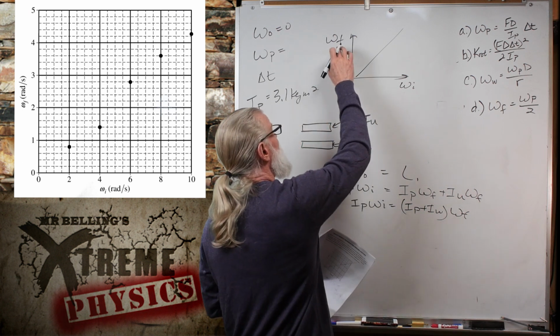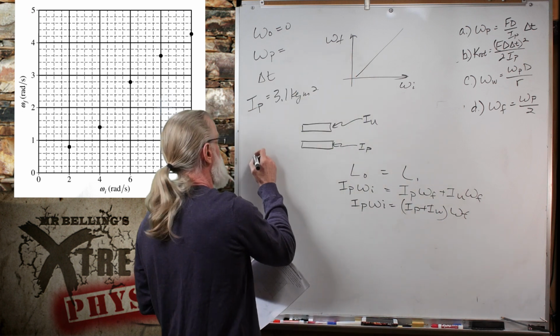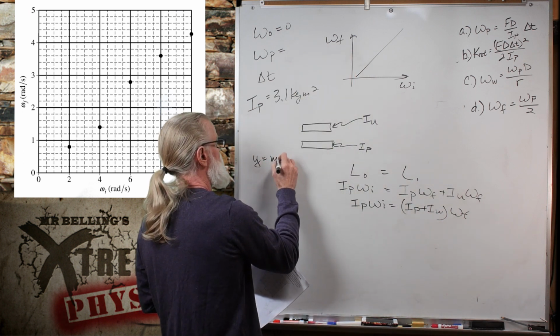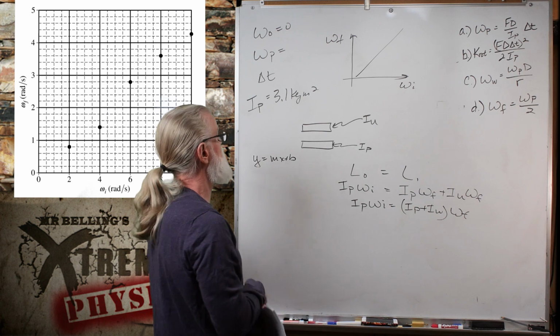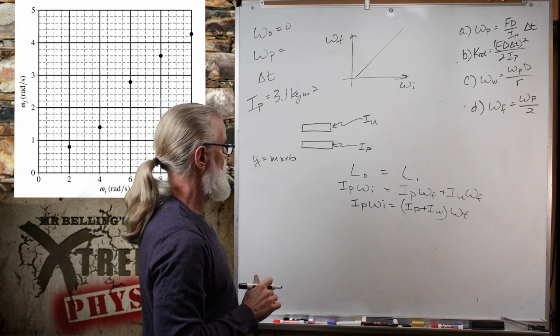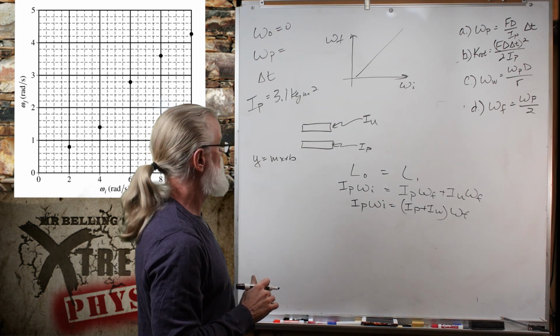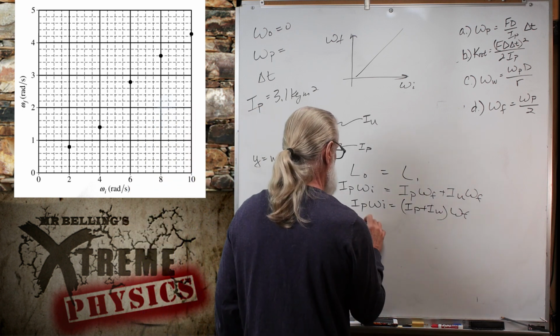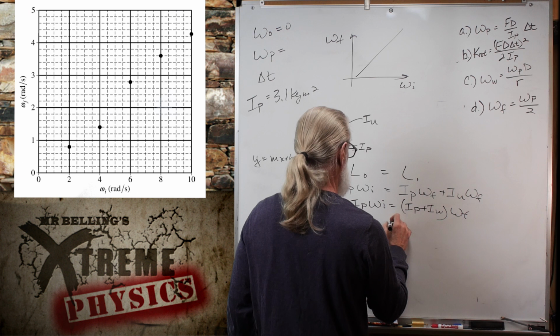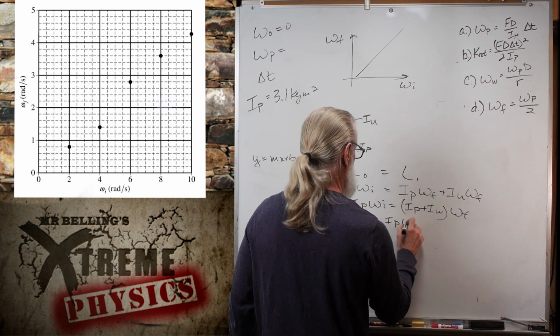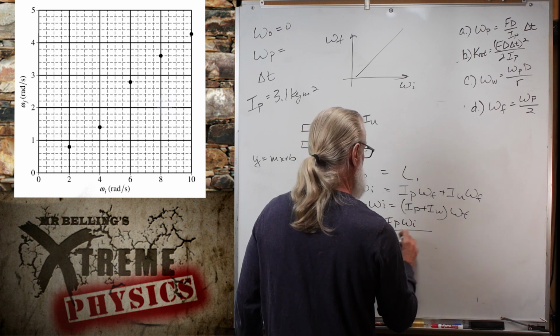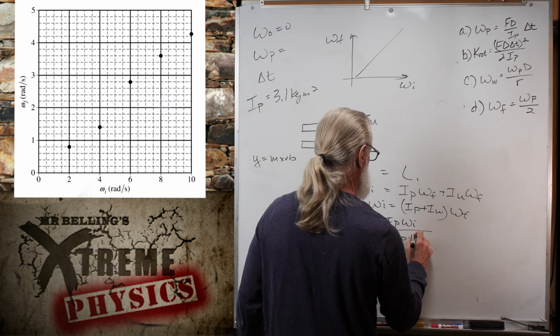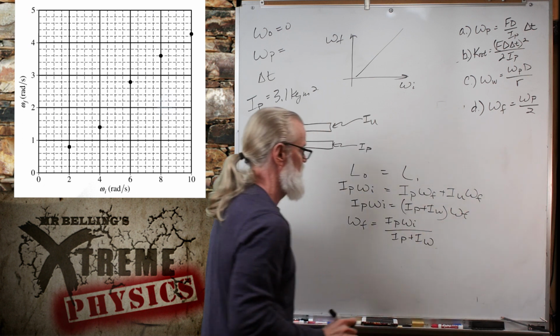So I'm going to get this in the form of y equals mx plus b. Let's try that and see if that works. Well, that's our y variable. So omega final equals IP omega initial all divided by IP plus IU.